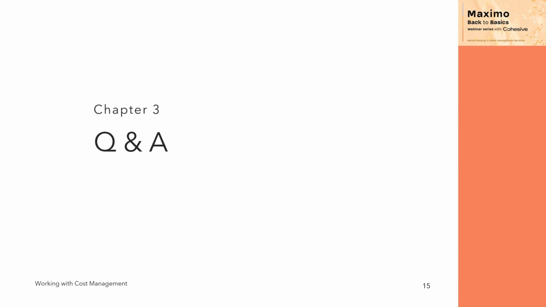I think you partially answered the next question, but maybe you could just sum it up for us. How does using project and task differ from using the standard GL functionality in Maximo? Sure. I described the standard hierarchy for using the Maximo GL functionality. We've worked with different customers who may only use project and task for capital projects.